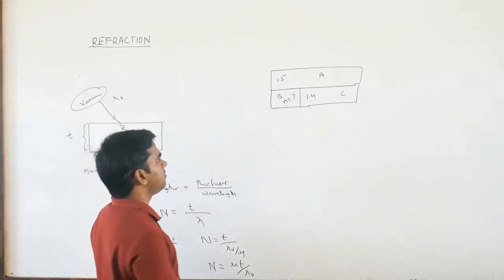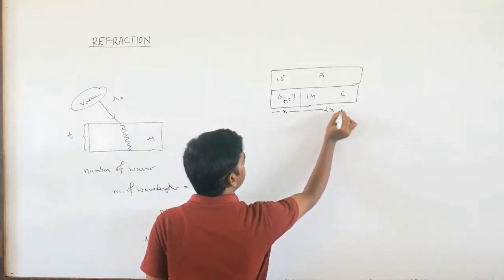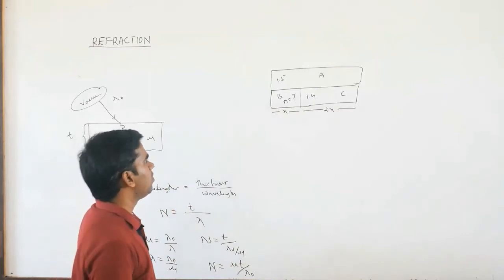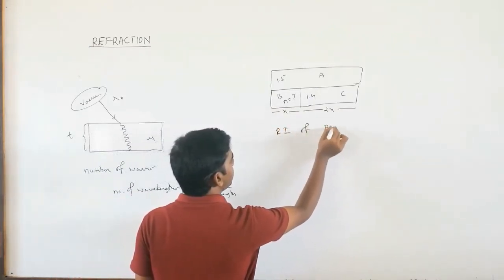They are asking what is the refractive index of B. This thickness you can take as x, and this is 2x, so C is 2 times B.